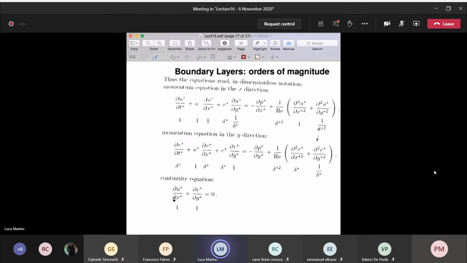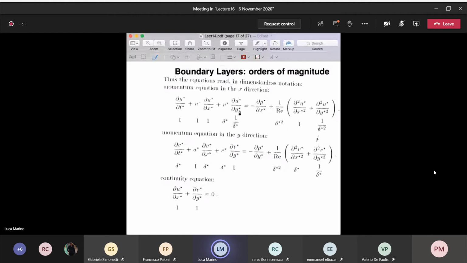So from the continuity equation, we find that if delta is the scale of Y, delta is also the scale of V. And this is why in the second term of the convective part, V times the derivative of U with respect to Y, we have 1 over delta, because U is of order 1 and Y is of order delta, but also V is of order delta.